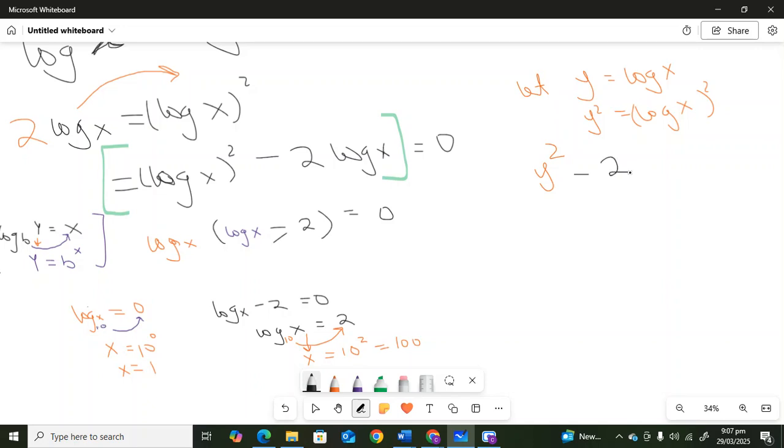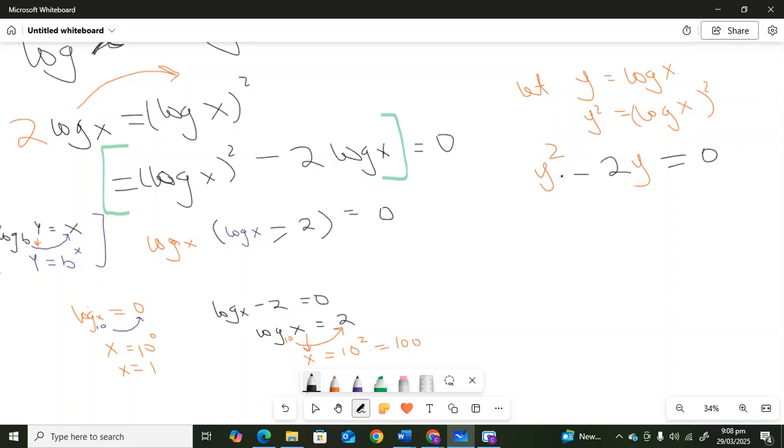So it's y squared minus 2y equals 0. This is solving quadratic equations by substitution, because there'll be times where your variables won't be just a simple x and y. So you can substitute with a simple variable, then solve later on.